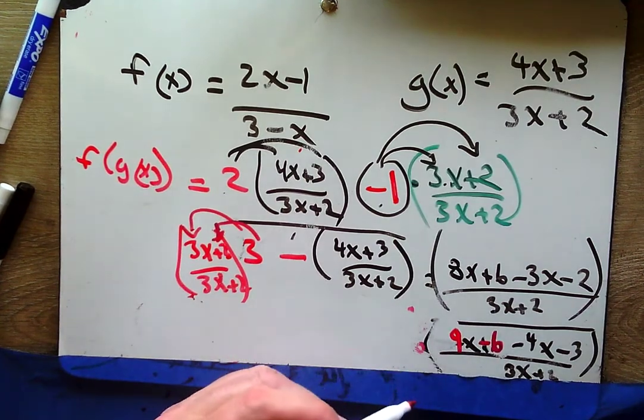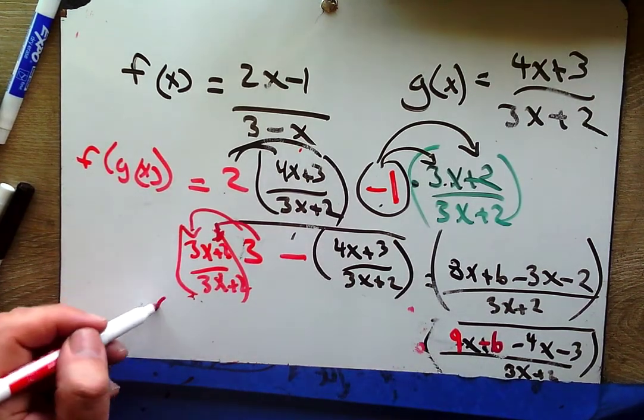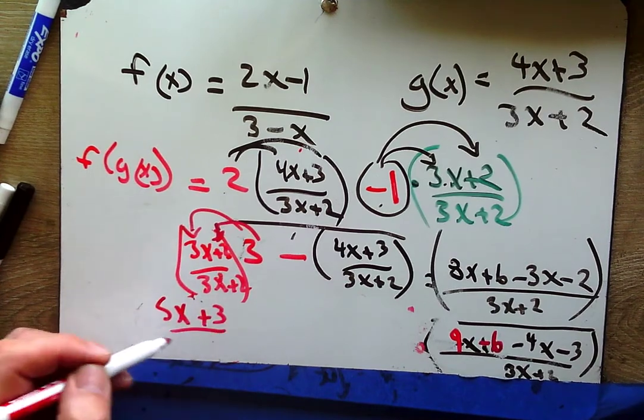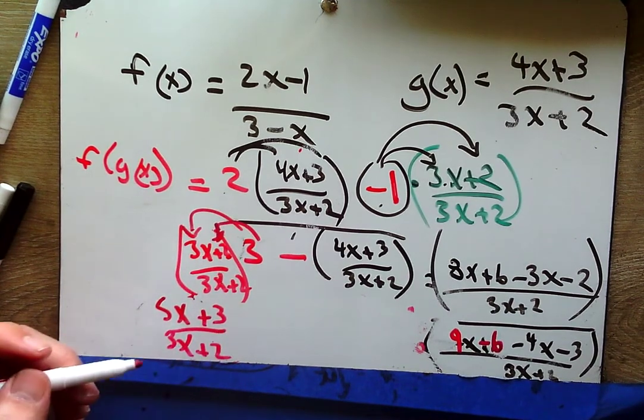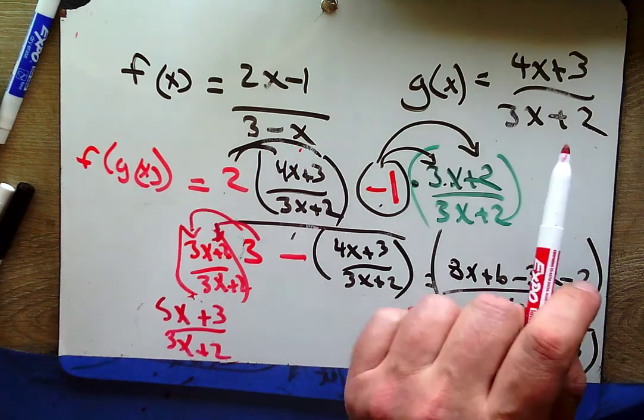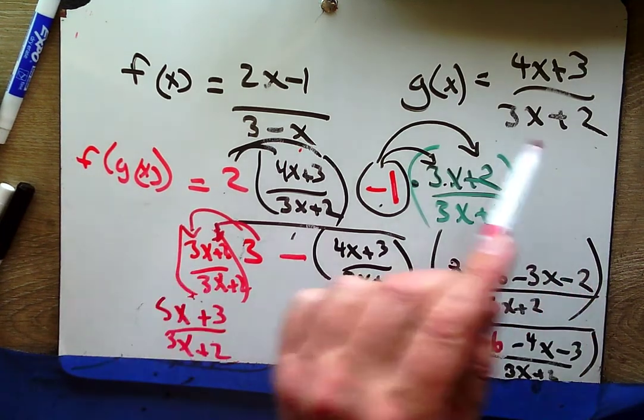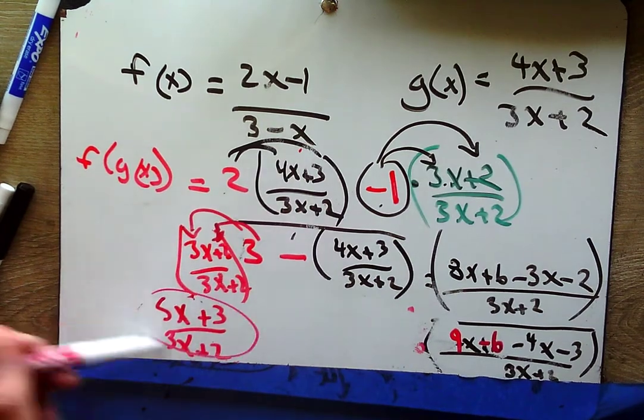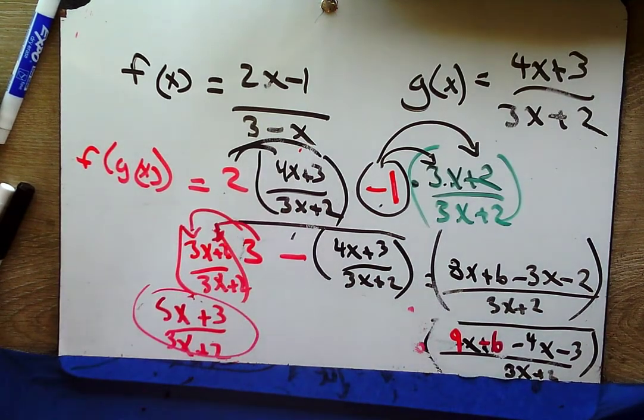So how does this combine like terms? Oh, 5x plus 3 over 3x plus 2. Well, it feels a little better, but it's still not. When I did the composition, I should have gotten x, and this is most definitely not x.